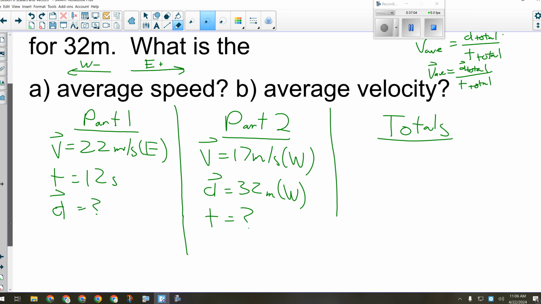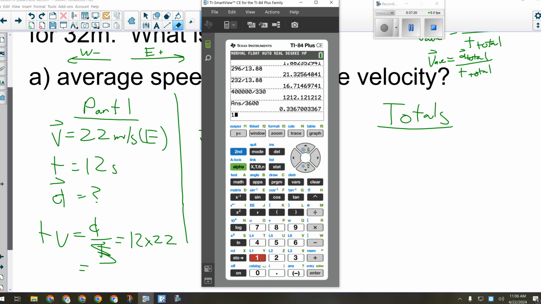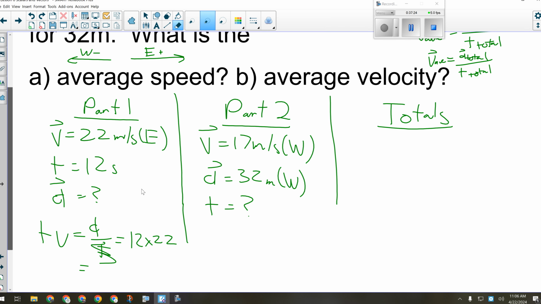First thing I want to do is find the displacement for part 1. So if v equals d over t, I'm going to multiply both sides by t. That's going to mean 12 times 22. So 264 meters east. There's the displacement for part 1.